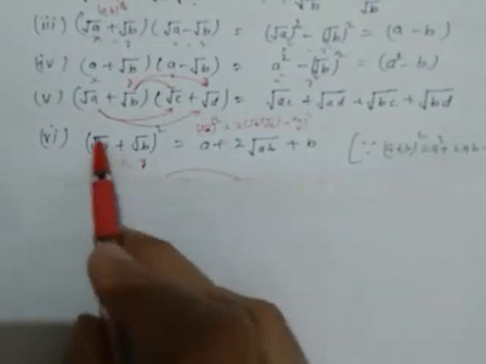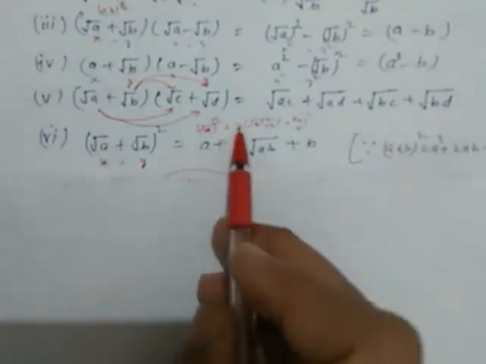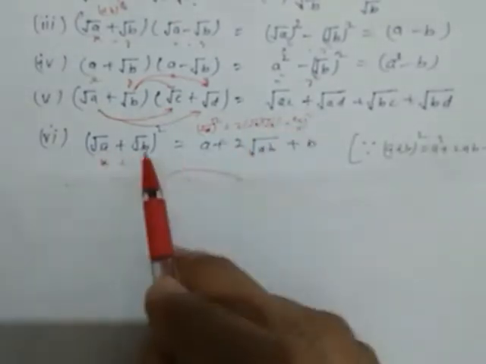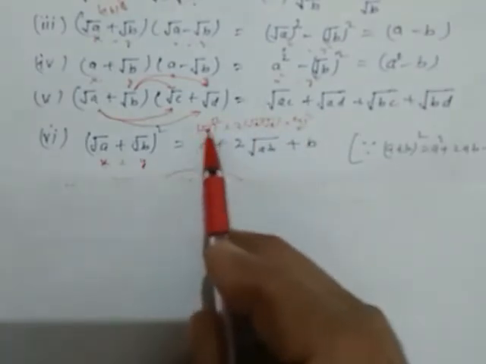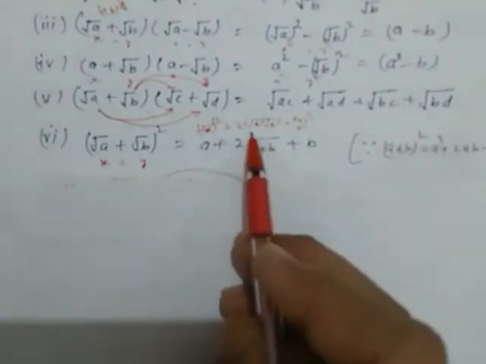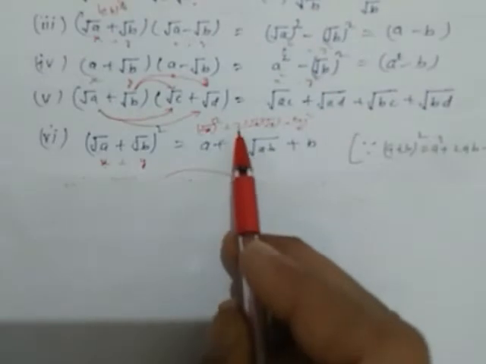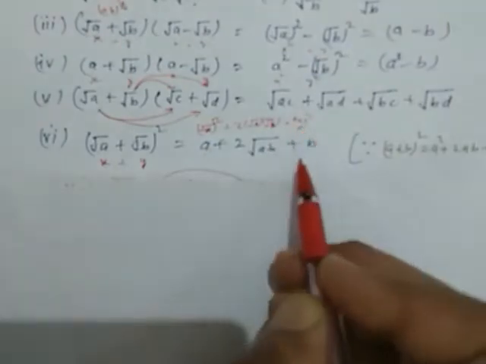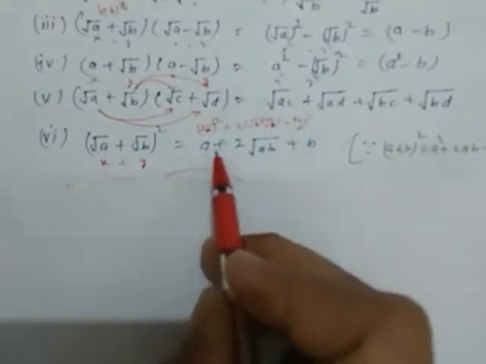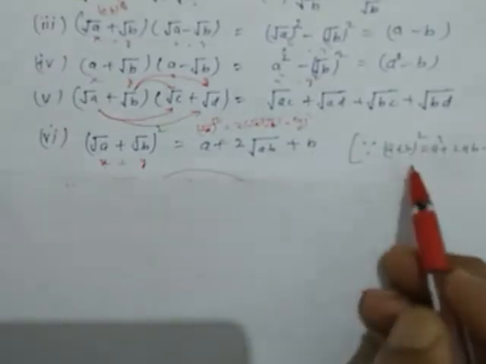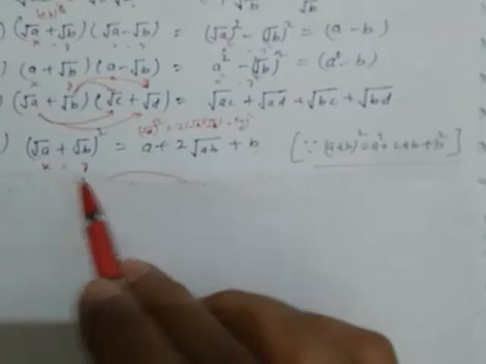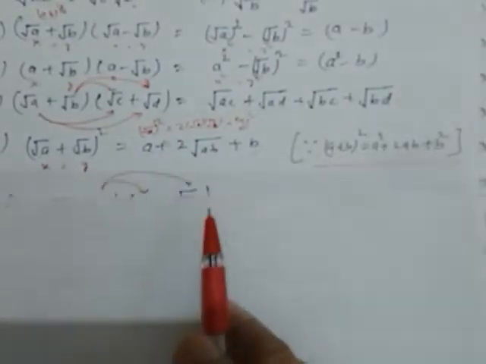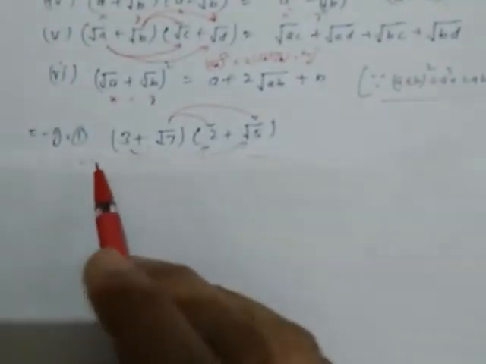Here X is root A, so root A whole square, that is A. 2XY, put X and Y here, and Y square is root B square. So by taking the square of this, we get A, and root AB here, and root B whole square is B. So we get A plus twice root AB plus B with the help of this. Either this, or you can write X plus Y, you get this.